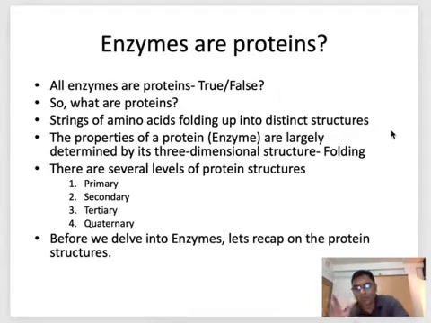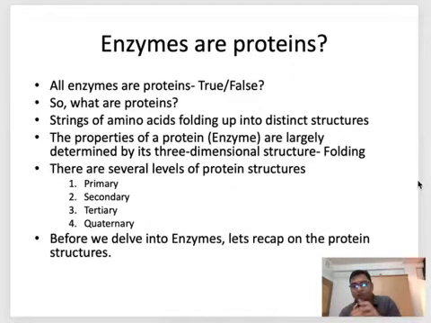I know you have learned this in other courses, yet this is just a recap. There are several levels of protein structure. How many? Usually four: primary, secondary, tertiary, and quaternary structures.